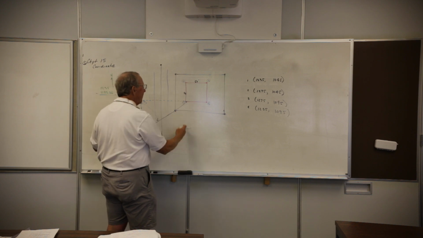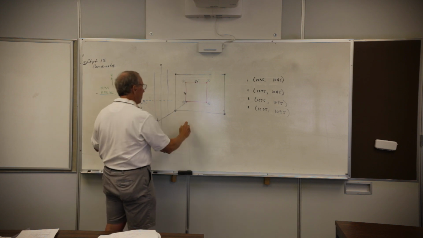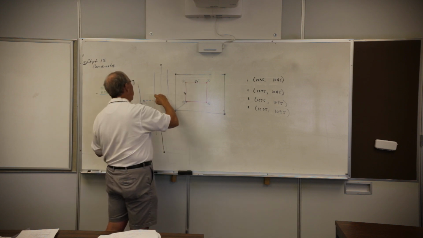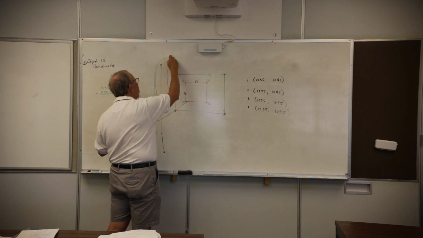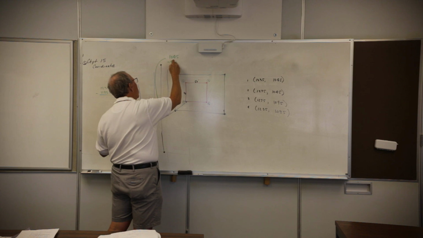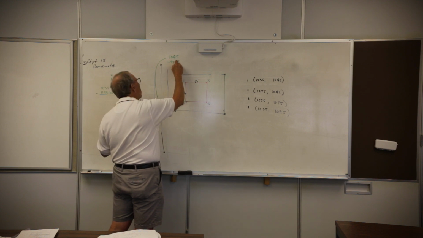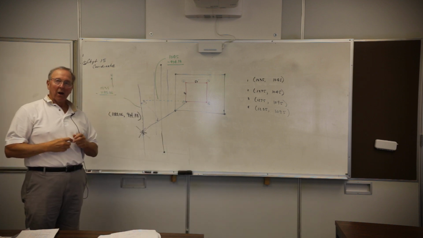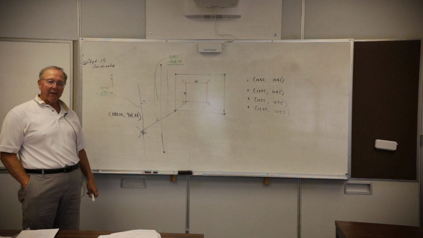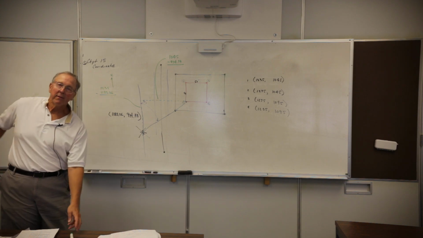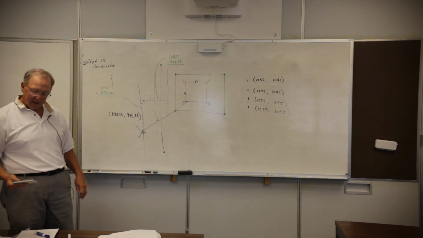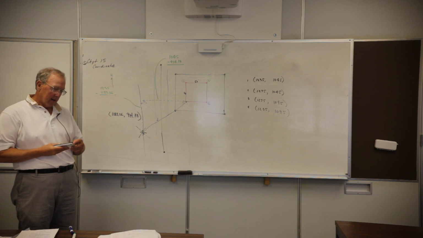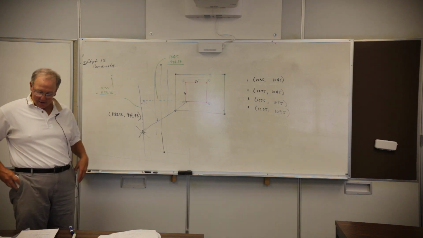This is at 1045. So this number right here is going to be 1045 minus 974. I'm subtracting the easterlings. Once I have those two, don't I have two sides of a triangle? If I've got the two sides, can I figure anything out that I need based on those two sides?